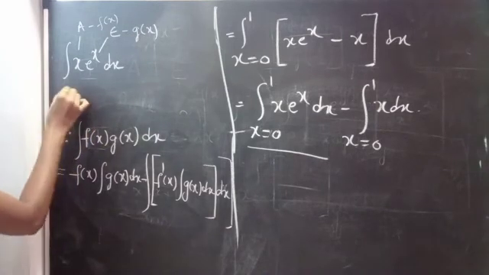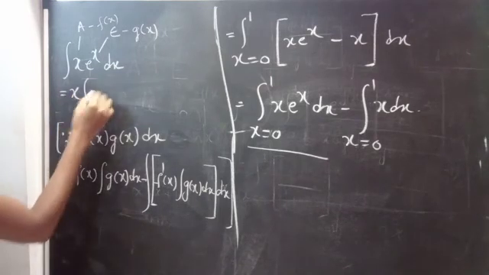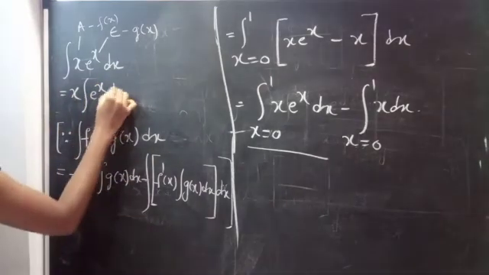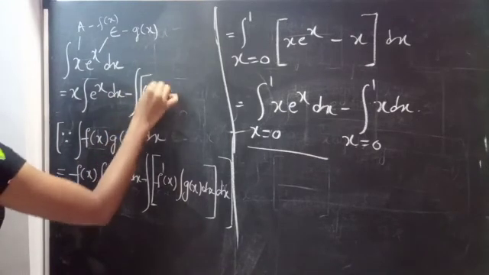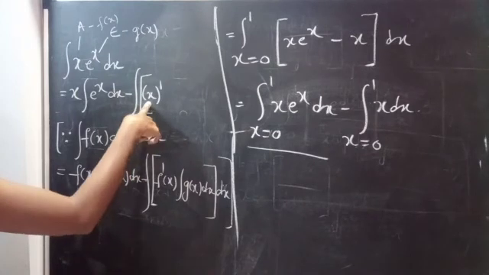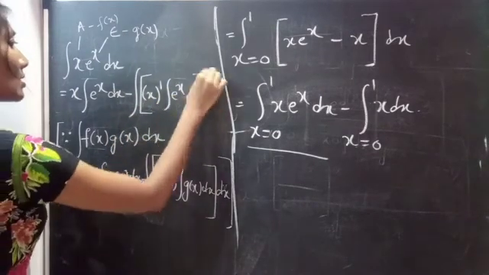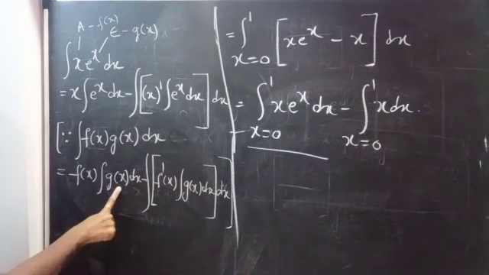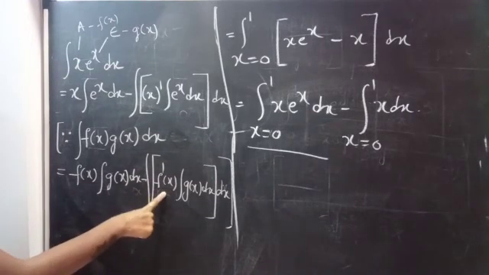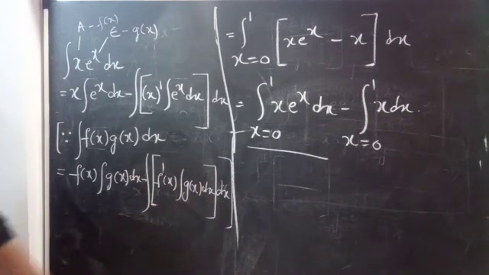So this equals x into the integral e power x dx, minus the integral of x dash, that is the derivative of x, into the integral e power x dx, into dx.